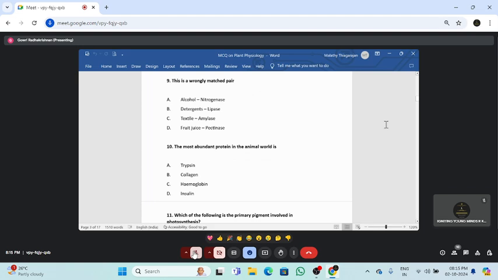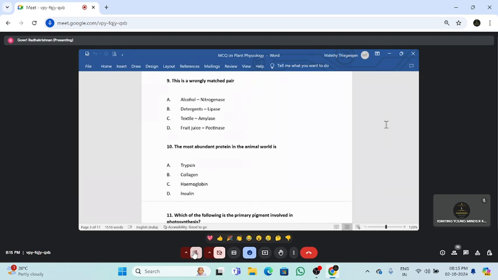Can you identify the pair which is not matched correctly? Fruit juice pectinase is correct. Textile amylase is correct. Detergent lipase is correct. Which is not correct? Option A, ma'am. Yes, option A, alcohol nitrogenase, is not correct.